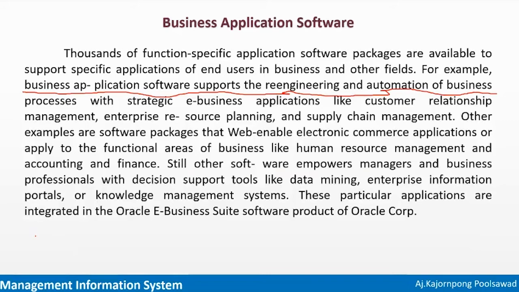You see that one side of business application software is for employees, for operation, to manage it. But we have another side, the top side, for management to understand decision making.